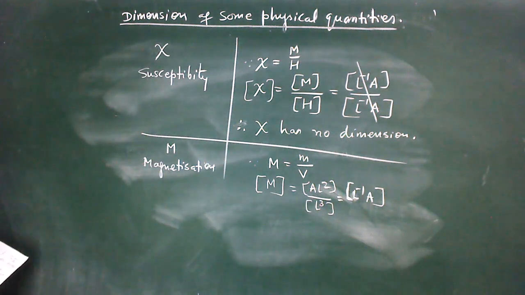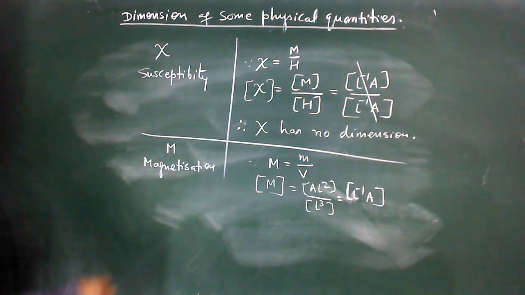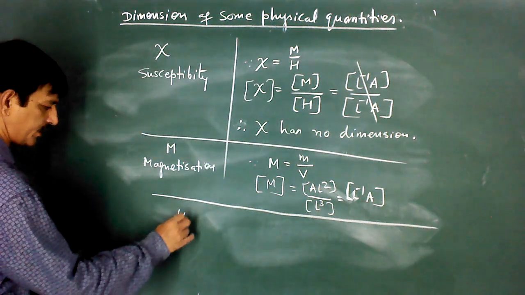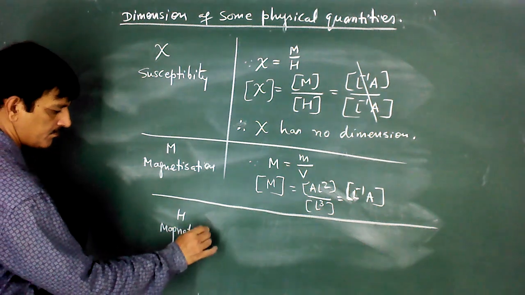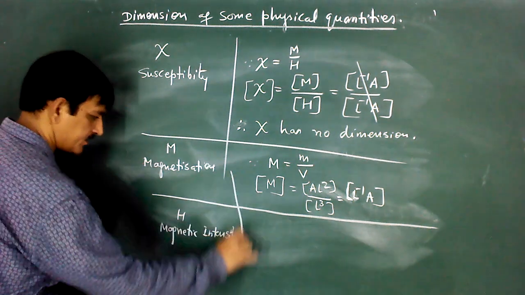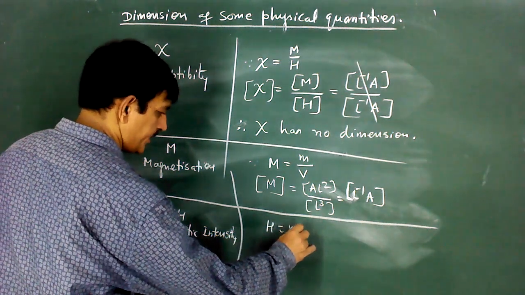Also we can write the susceptibility. Magnetic intensity, that is H, is equal to N i.